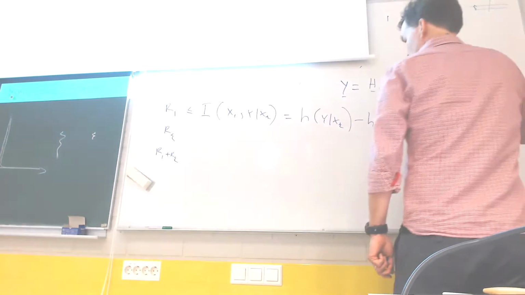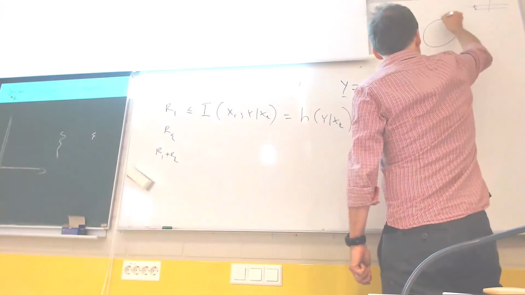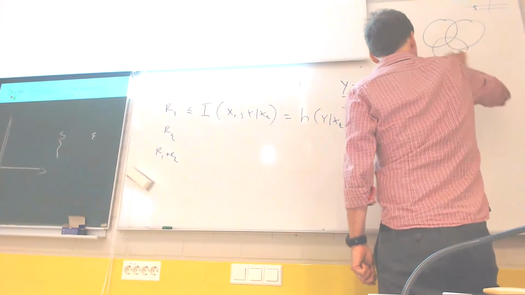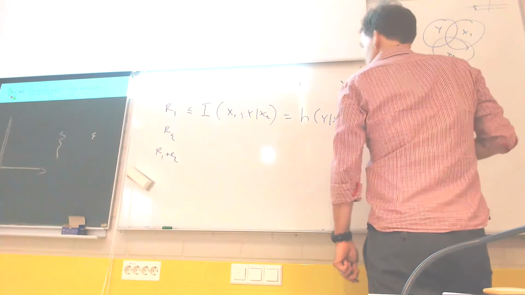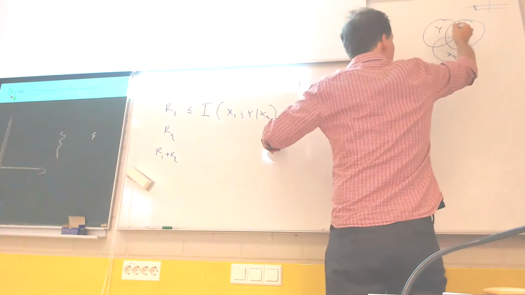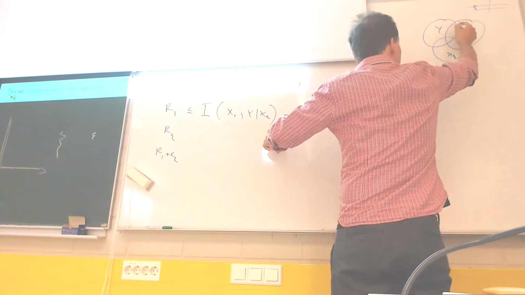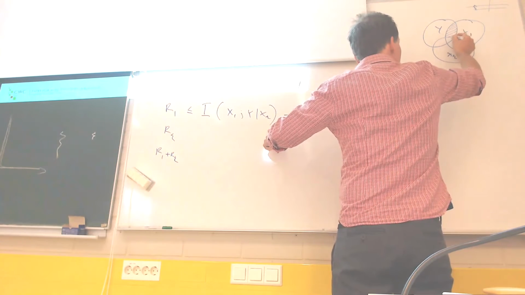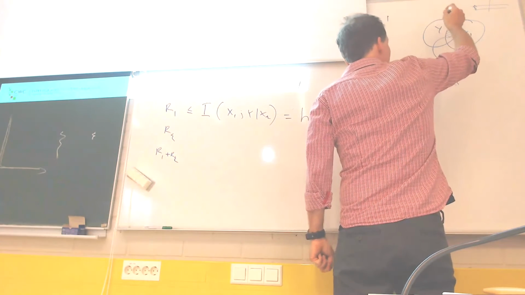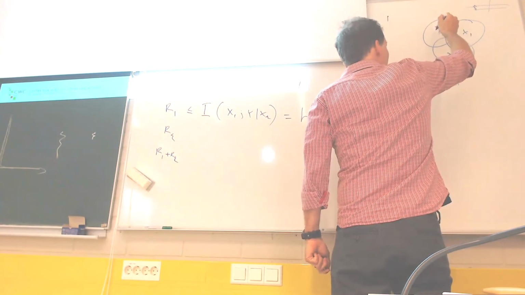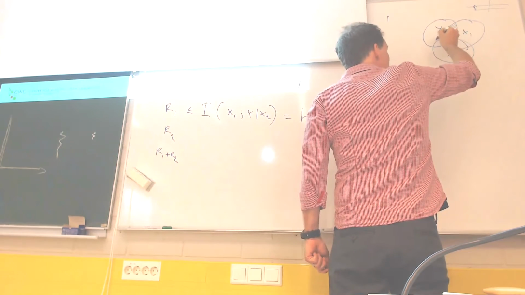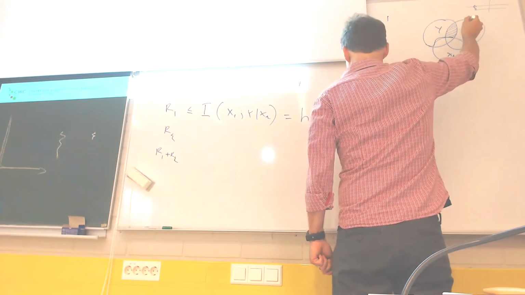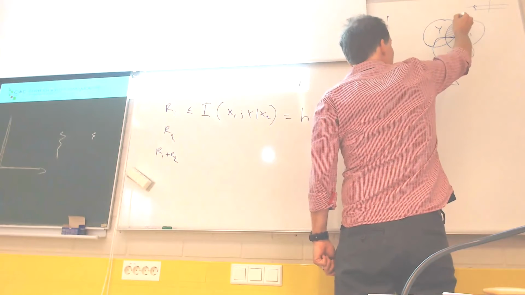If you don't remember these rules, you can always go to the Venn diagram. Always. Y, x1, x2. Now we are interested in this area here, right? Mutual information between y given x2, it's this area, and x1, this area.